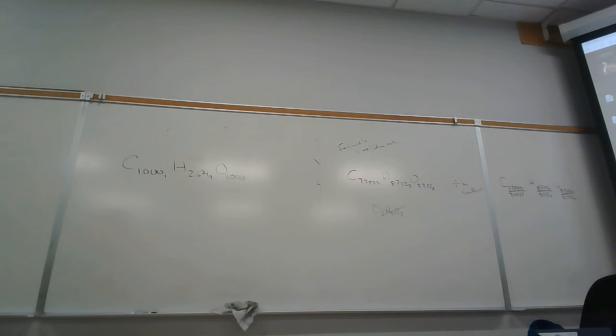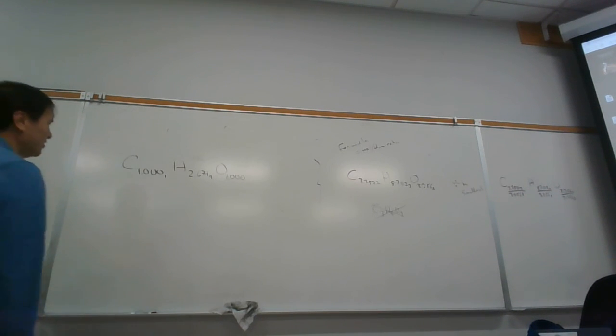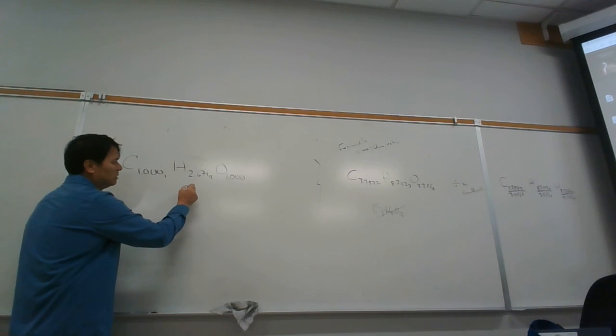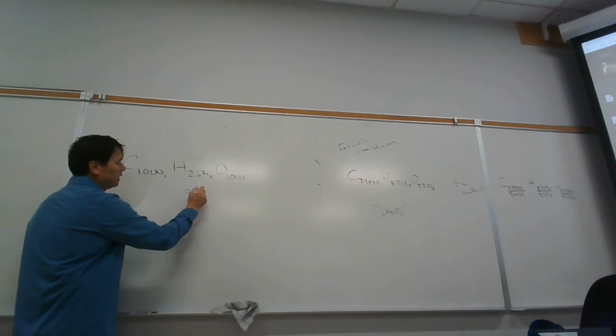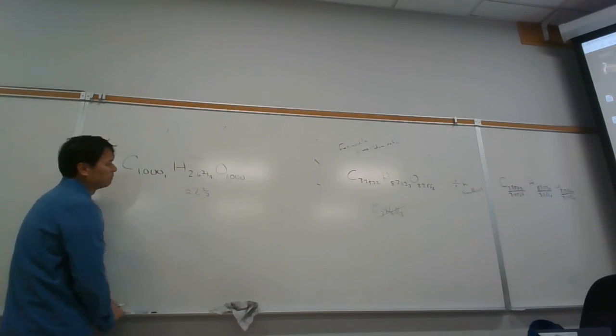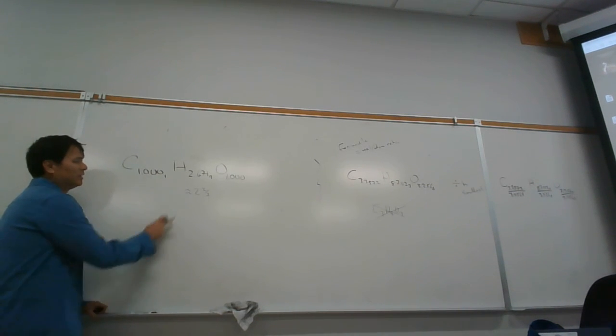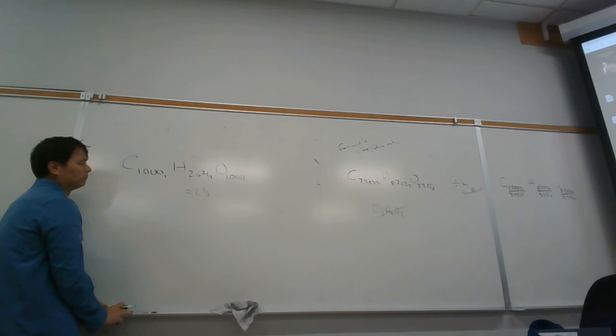But formulas are simple whole number ratios. Do I have whole numbers here? No. I don't have whole numbers. You know, when I look at this, this is about 2 2/3. I don't want to round that to 3. I think that would lead to a pretty big rounding error.